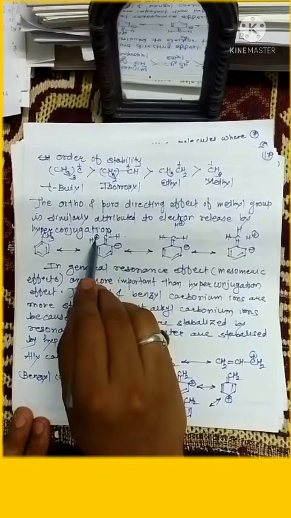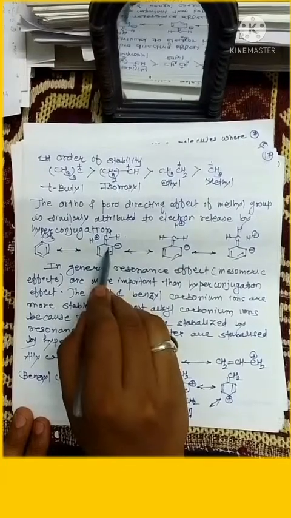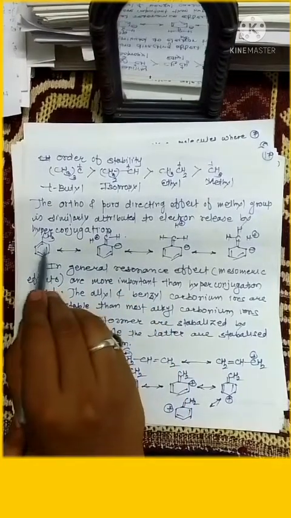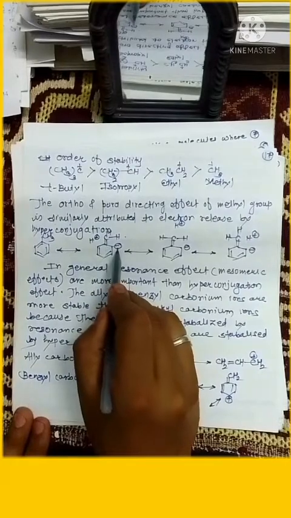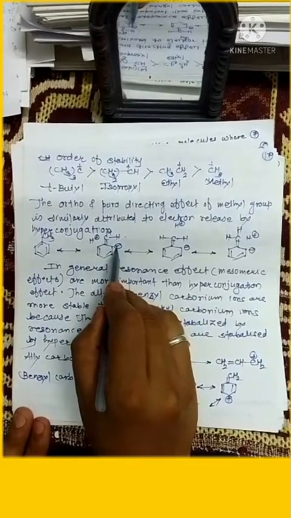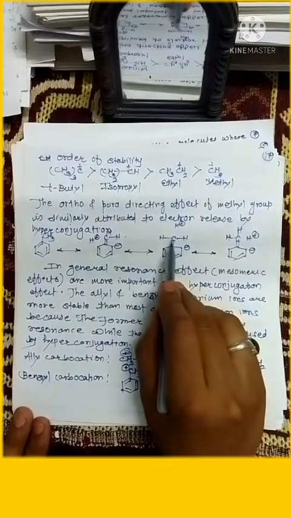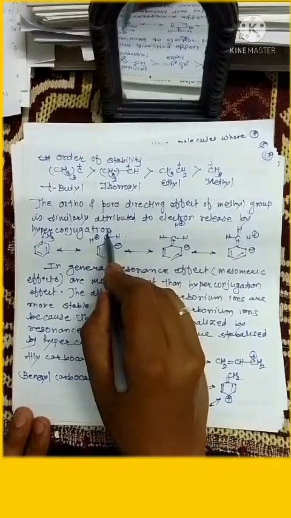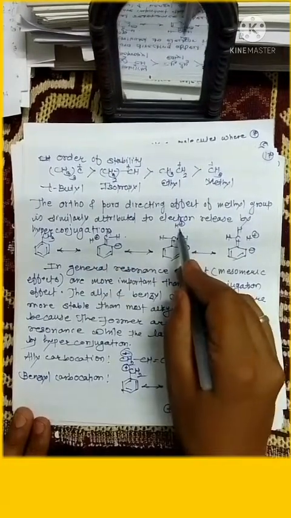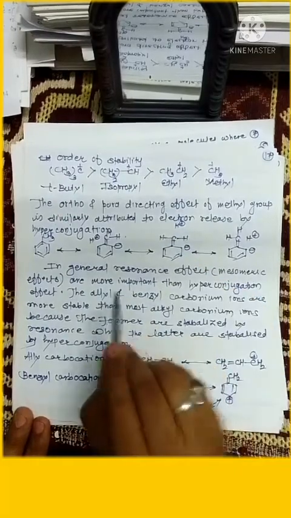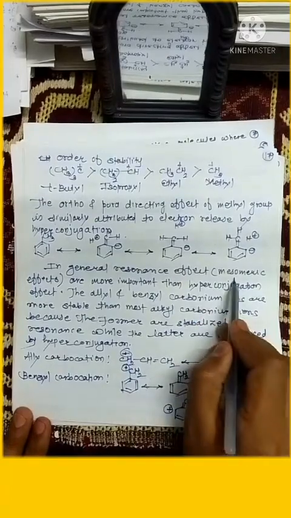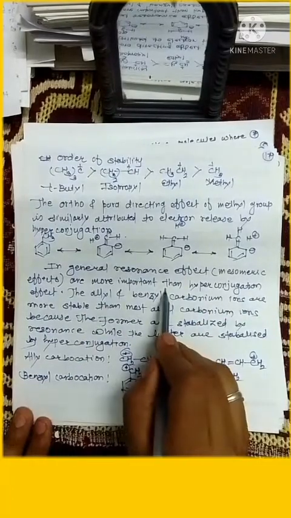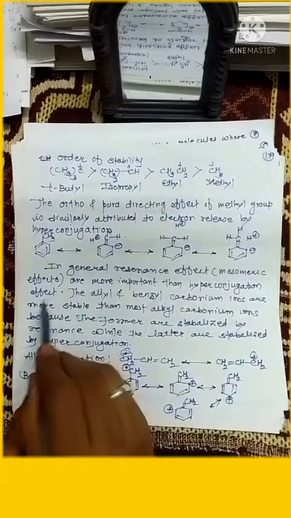Because of that, this carbon gets positive charge, and the bond which is present here is shifted onto this carbon, because of that it gets negative charge. In similar manner, one can shift this bond here like this way.